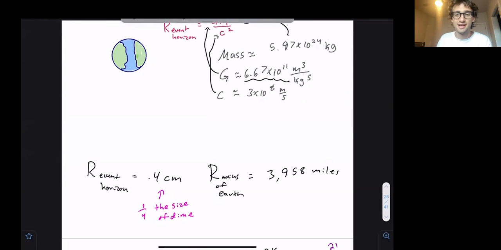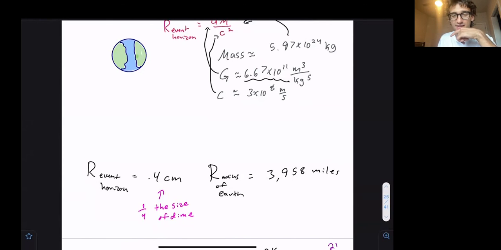That's like a fourth of a dime. The radius of the Earth is almost 4,000 miles. So the Earth, being about 4,000 miles, would have to shrink to the size of a quarter of a dime. So I think that's right.